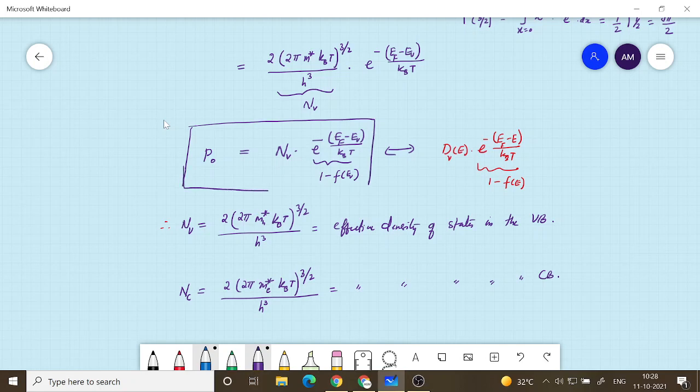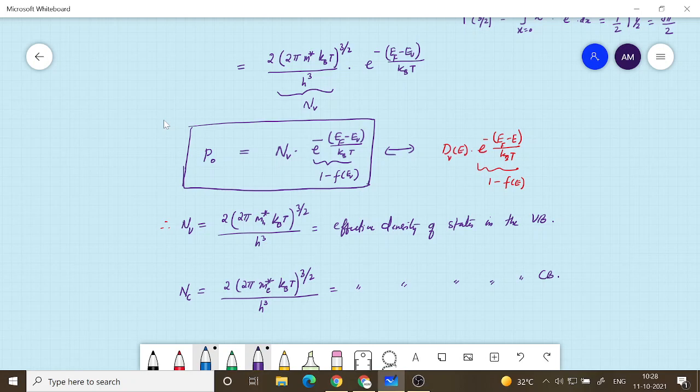Number of holes in the valence band, and the reason why the holes are going to be in the valence band is because the electrons went from the valence band to the conduction band, making some of the states empty or vacant, and P0 is basically the count of the number of vacancies in the valence band.